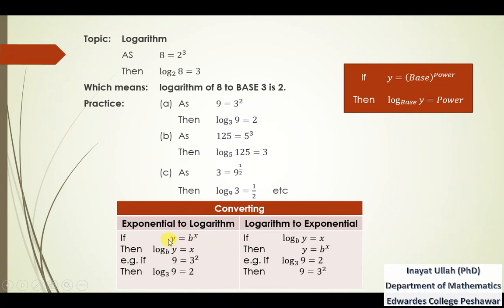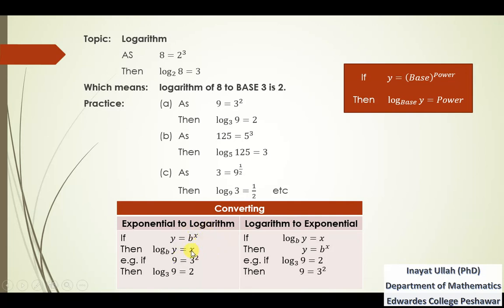We will write log on that side and make this base be the base of the log, and leave this power x towards that side. For example, if 9 is equal to 3 square, this can be written as log to the base 3, 9 is equal to 2. So whenever exponential form is given to us, we will follow that rule.